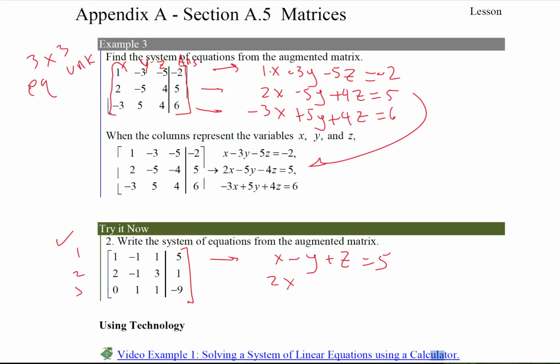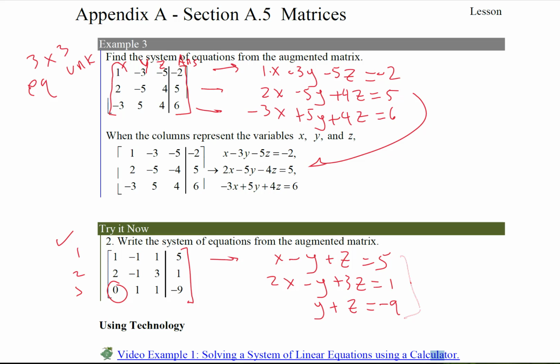Then we have 2x minus y plus 3z equals 1. And lastly, there's no x's. So I'm not going to write x. 0 times x is 0. But I do have 1y plus 1z, 1 times z equals -9. That's the system of equations that you should have gotten for this problem.